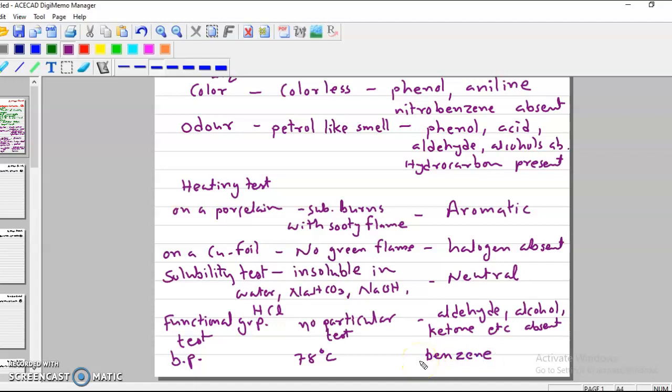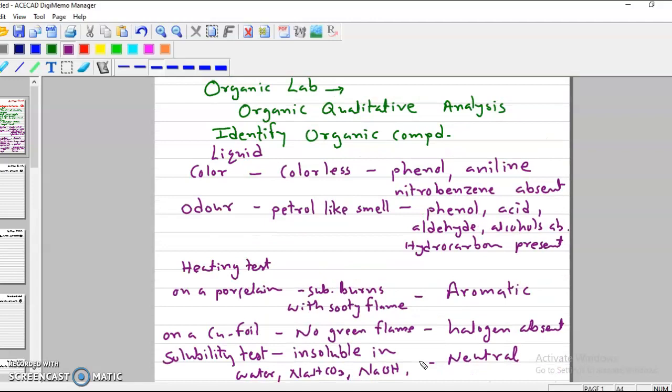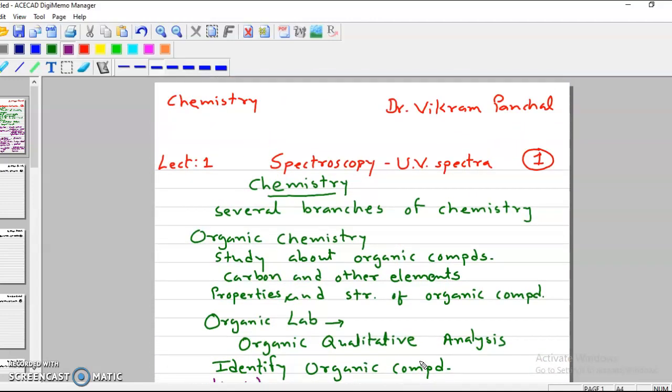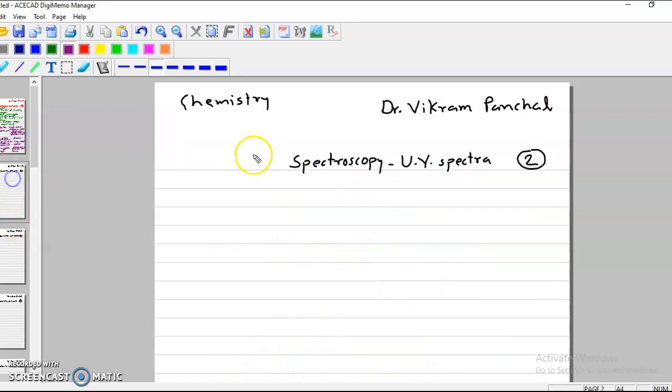So this way in the chemistry lab we can carry out organic qualitative analysis for a particular organic compound and identify it.